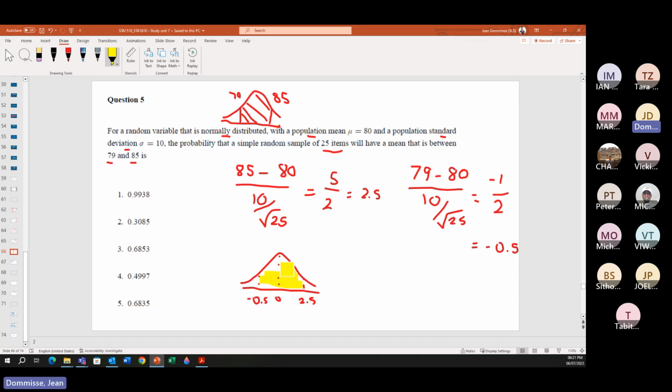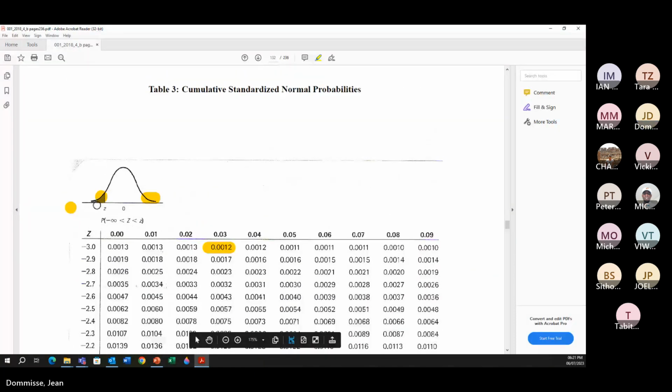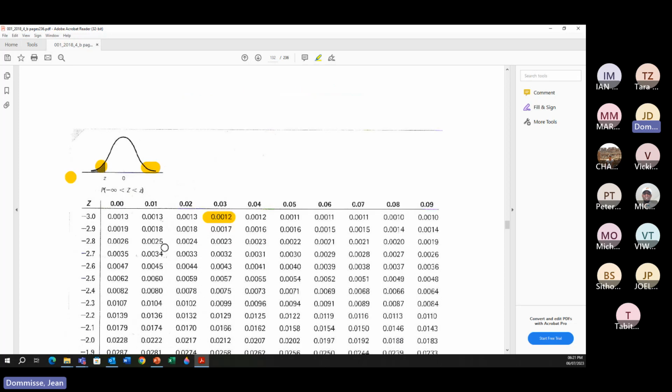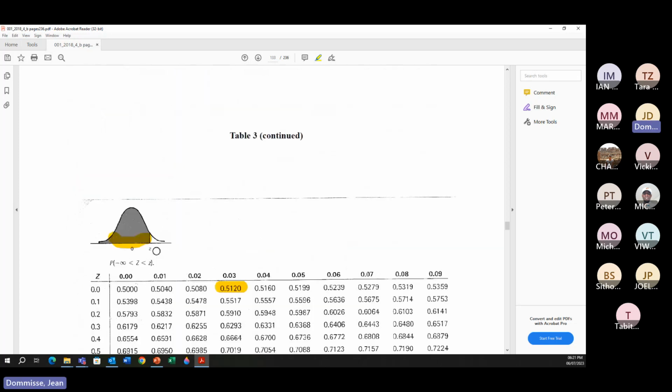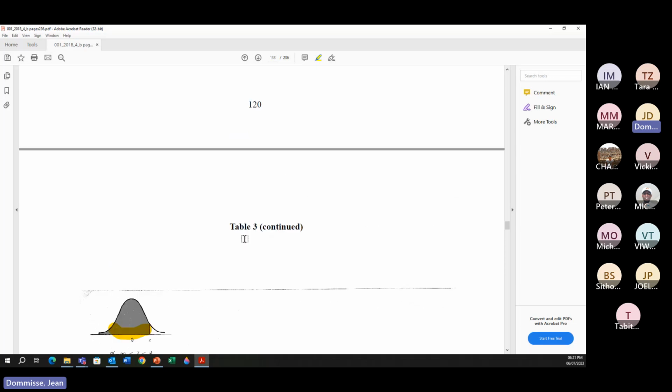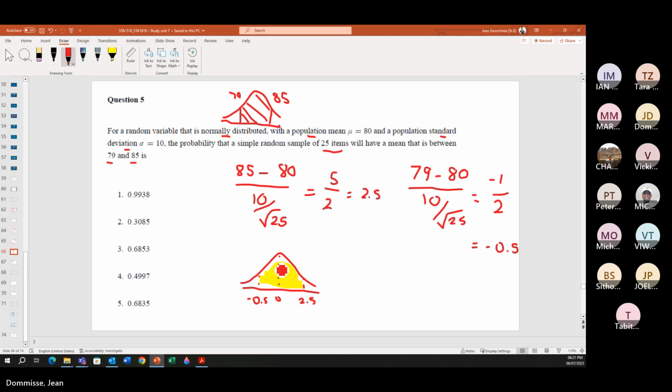And we need to work out this area in yellow. If we look at our two tables, there's nothing we can see directly, because the area is in the middle. So we need to do something with a negative and something with a positive. Let's take that yellow component out.